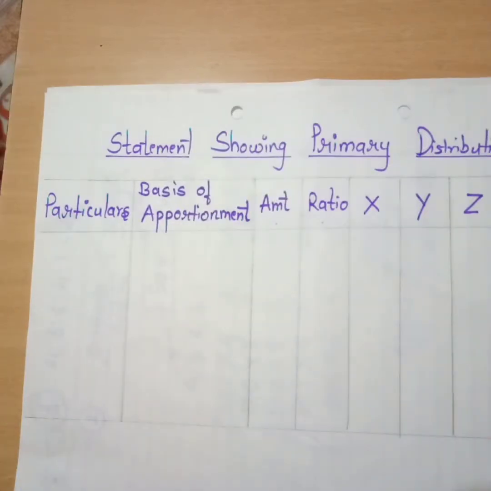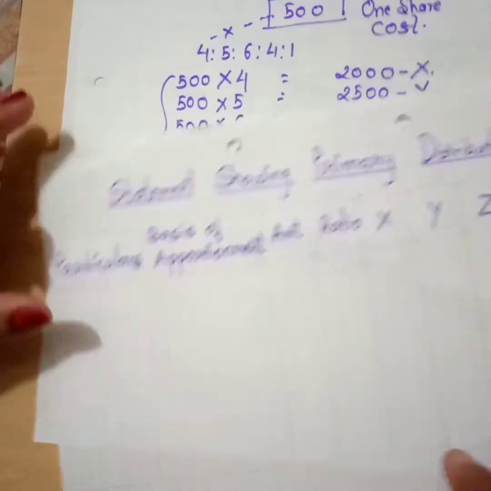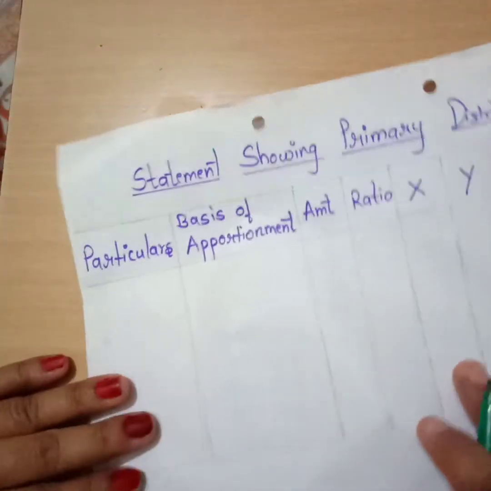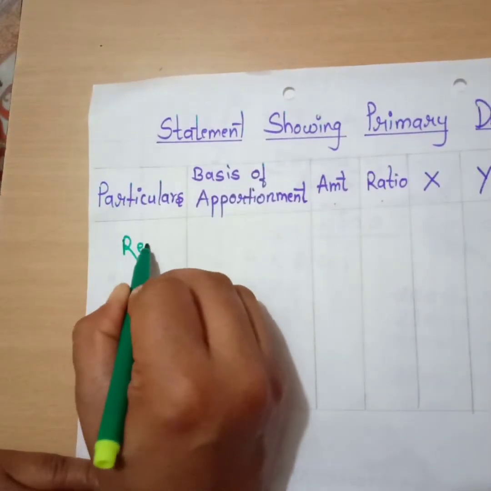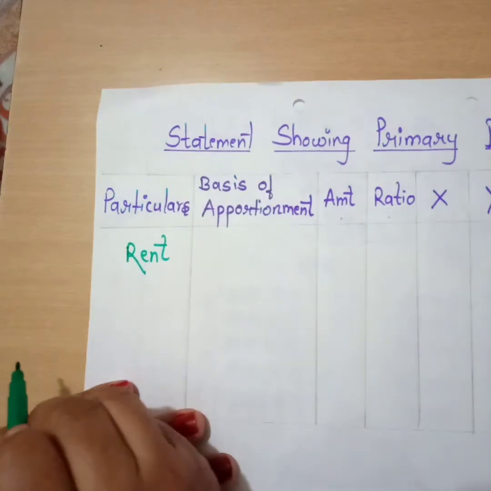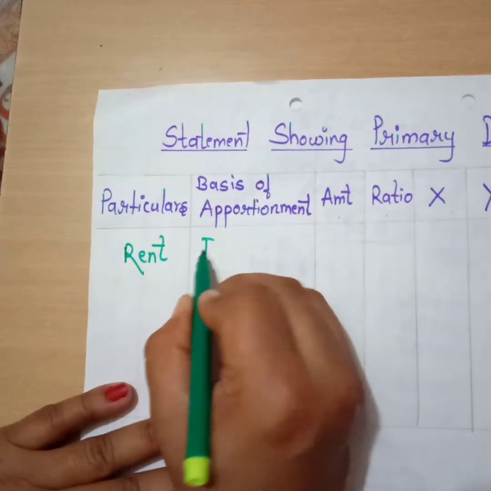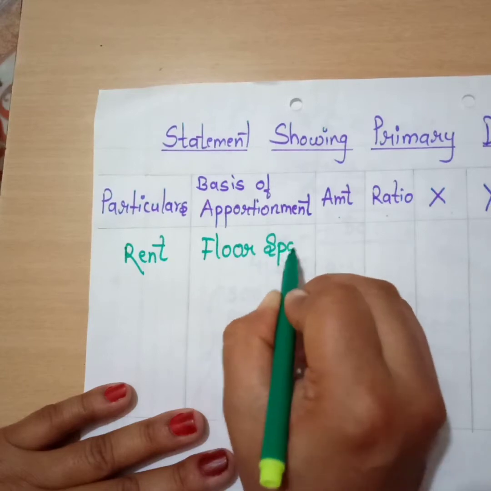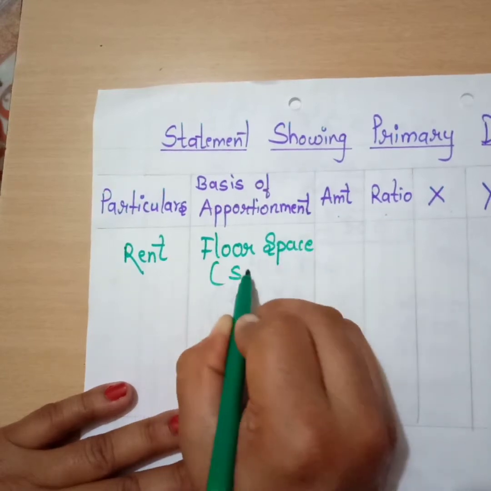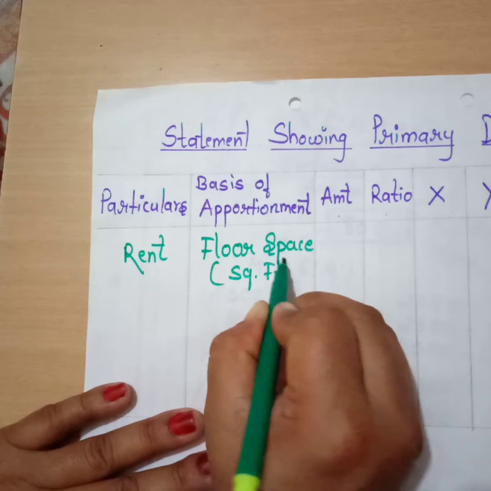So in this solution we will now write what our overhead is. Our overhead is rent. How do you distribute your rent? On the basis of floor space, we will write in square feet.